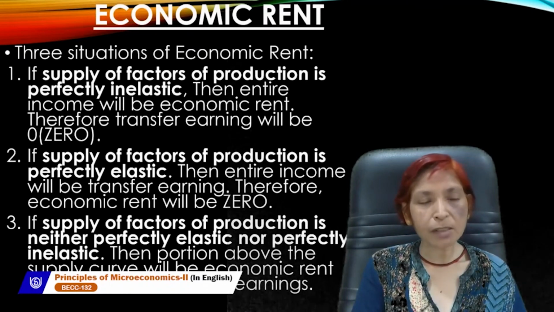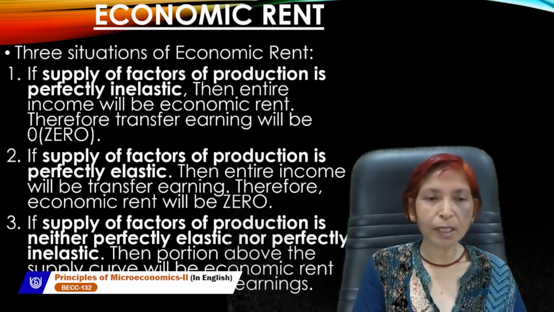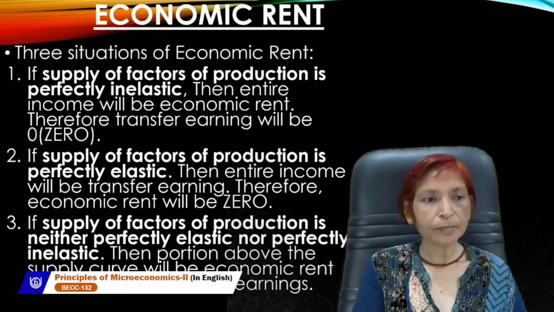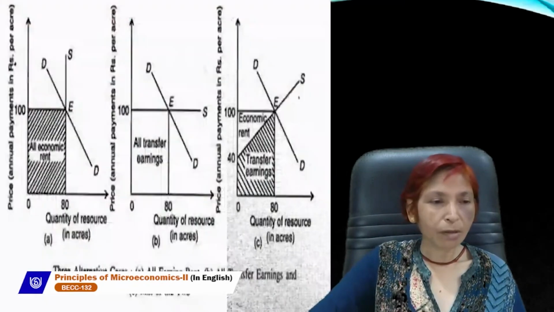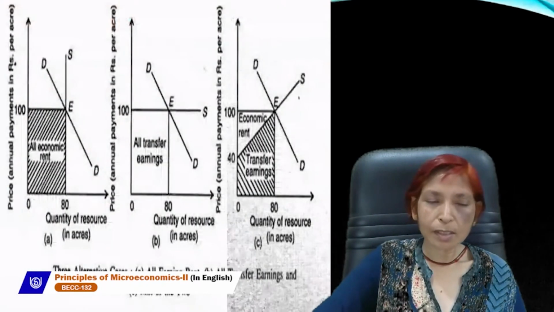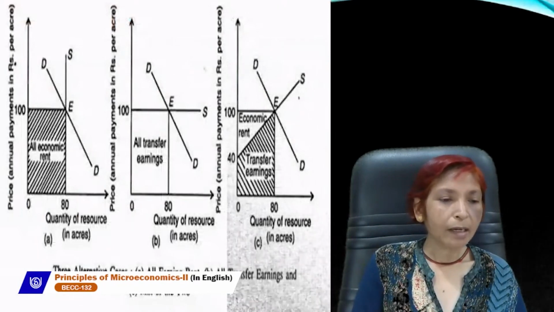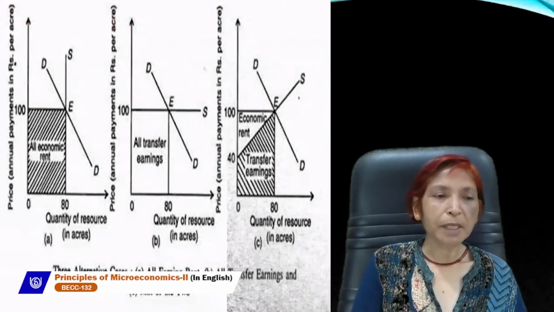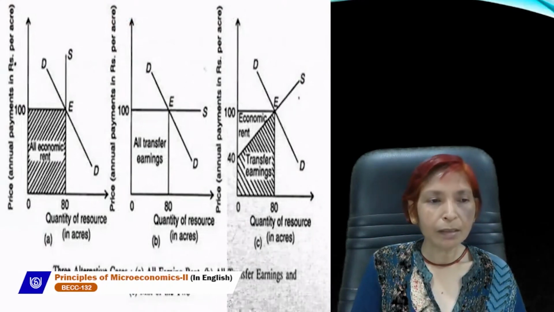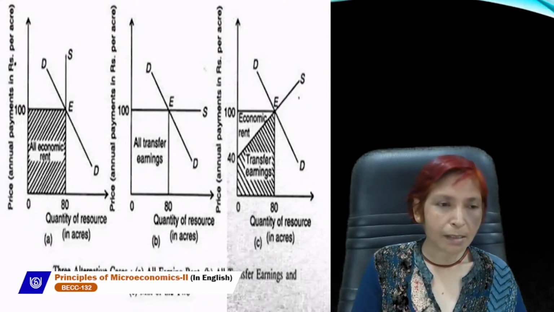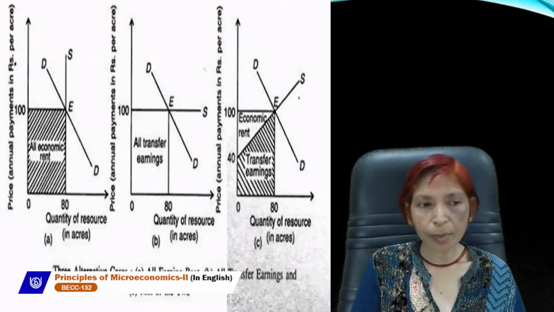We can show these three situations with the help of three diagrams. These three diagrams present the situation of perfectly inelastic supply. The first diagram shows that when supply is perfectly inelastic, the curve will be vertical, parallel to the y-axis, and the demand curve is a downward sloping curve.